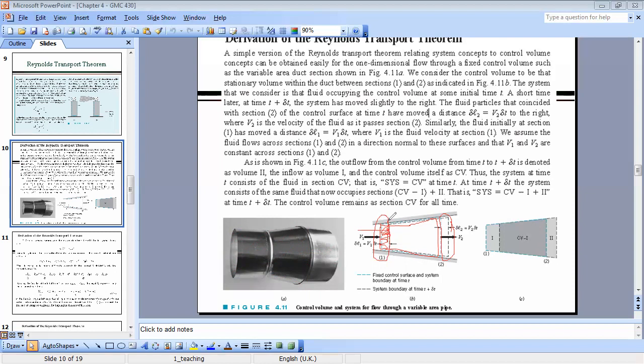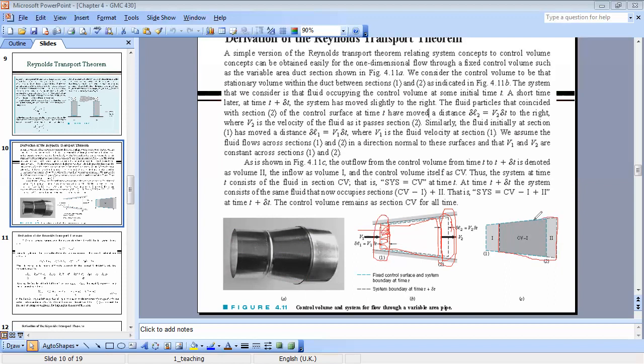And since I'm working with a control system, I follow particles. So here, this part now is not anymore a part of the control system since particles move. And a new part will now be a part of the control system, which is this one. So my new position of the control system is this one.